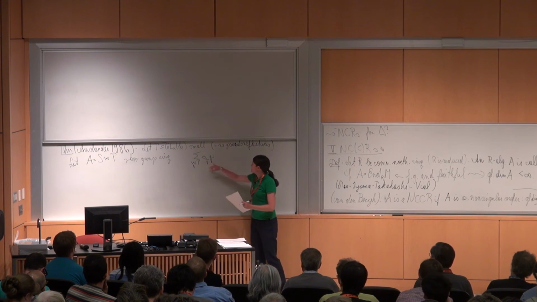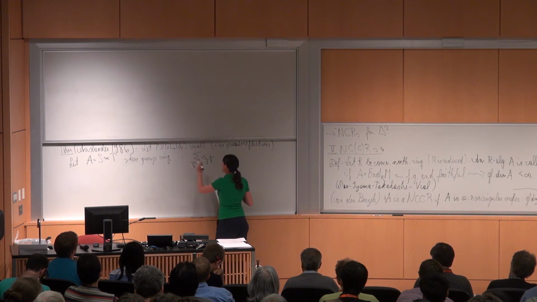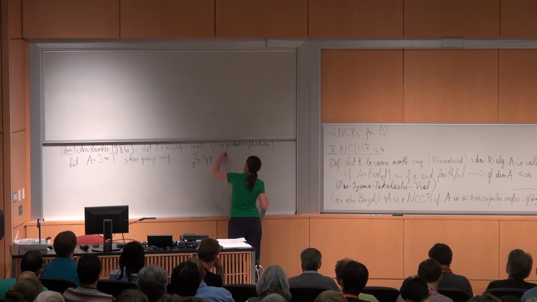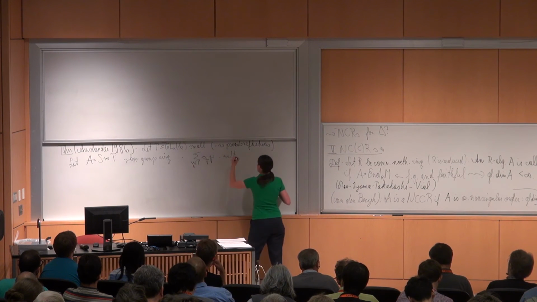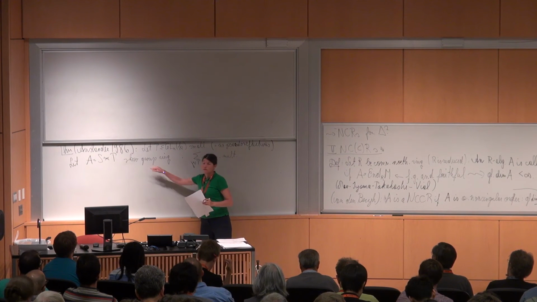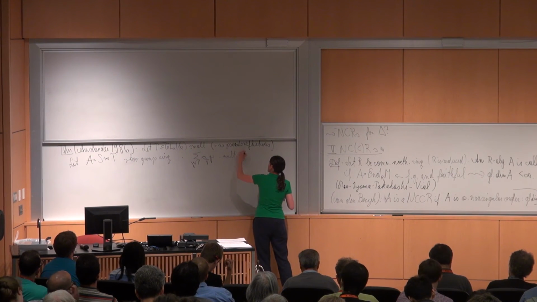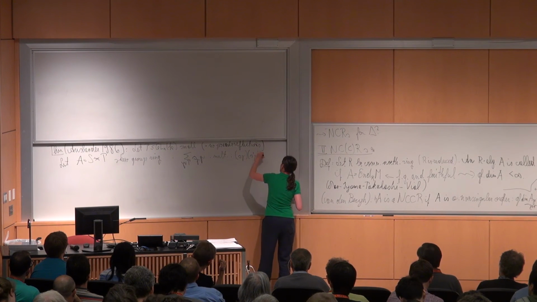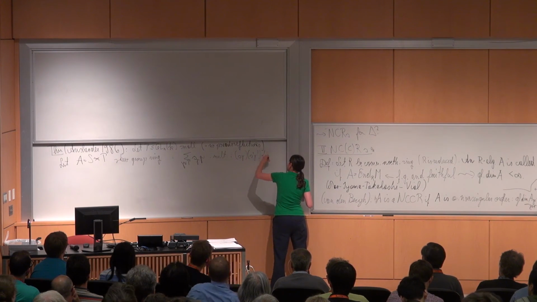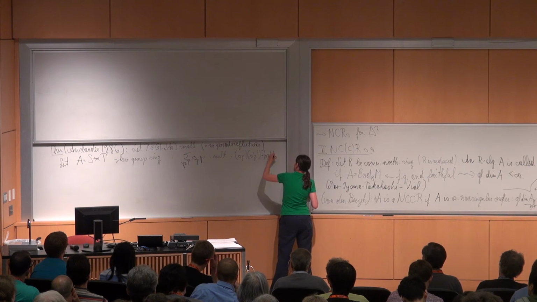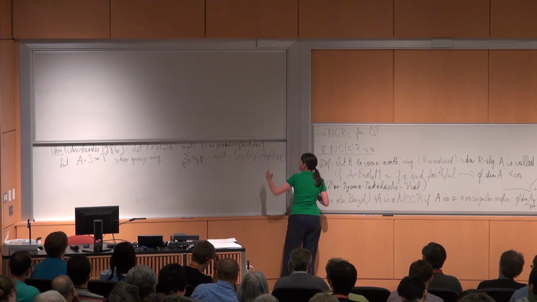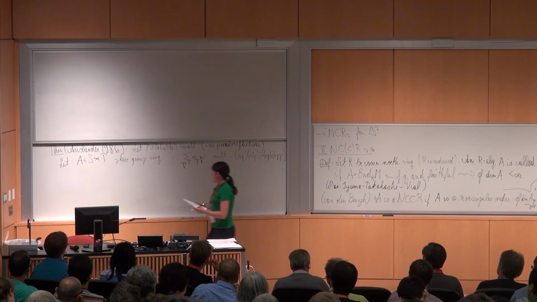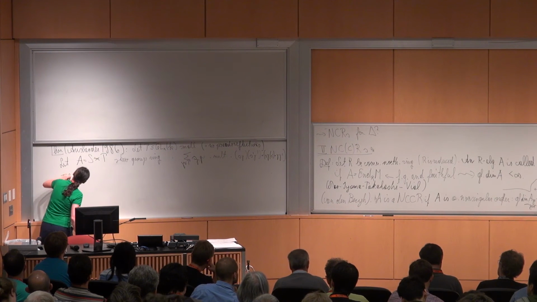So the elements in this ring are sums of polynomials and group elements, but the multiplication is a little bit twisted. This is why it is also sometimes called the twisted group ring. If I take s gamma and multiply it with s' gamma', then I end up with s times gamma acting on s', and the group elements just have the normal multiplication. Okay, so consider this ring, and what does the theorem say?